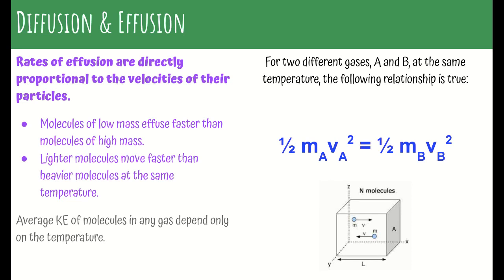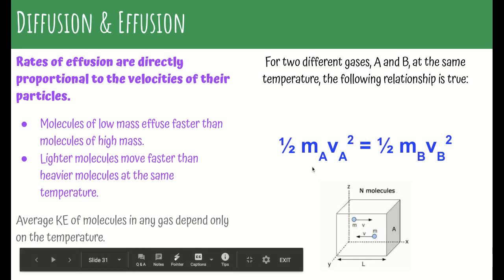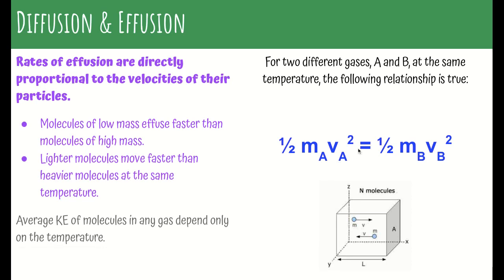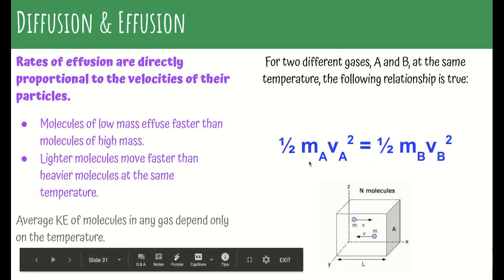So this little formula on the right-hand side here is 1/2 mass times velocity squared is equal to 1/2 mass times velocity squared. This is actually also used in physics. So whenever we're talking about the motion of the particles, we're talking about like 1 mole of something, or one molecule of something moving back and forth.